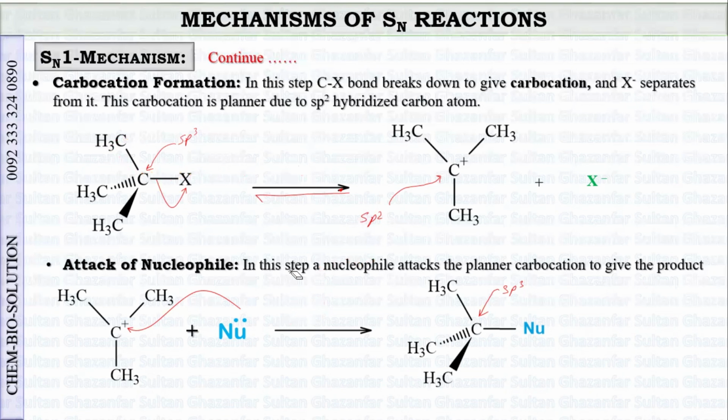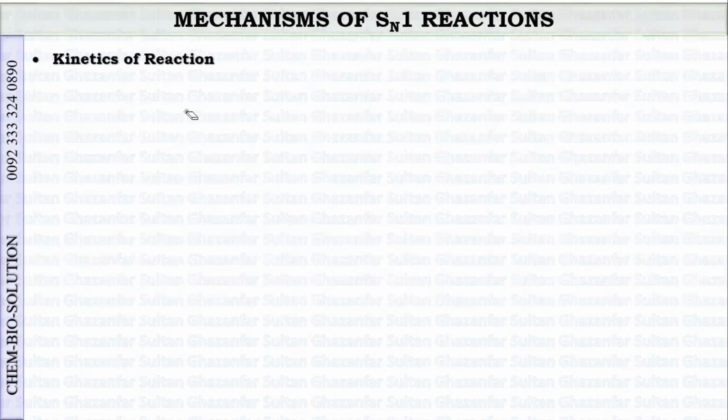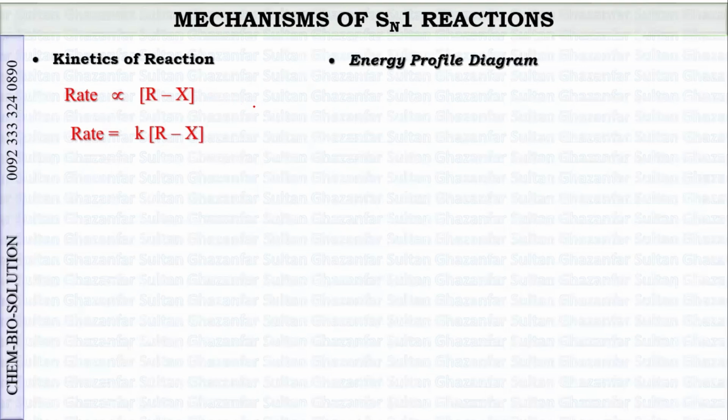So that's why this mechanism is termed as unimolecular, because in the rate determining step, only one species is present. So this is the kinetics of the reaction that you can see here. The rate is directly proportional to the concentration of the alkyl halide only. No nucleophile is here. So when we remove the sign of proportionality, a rate constant comes over there. So this is the rate law for such SN1 reactions.